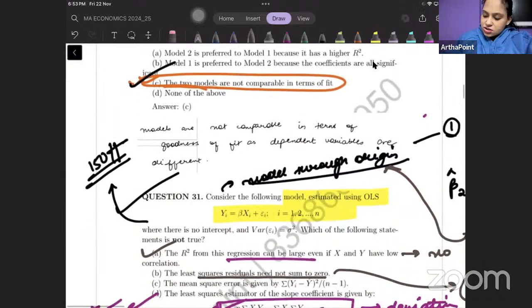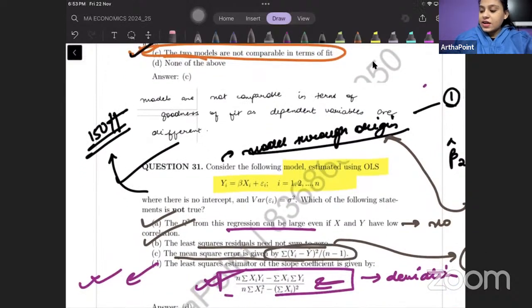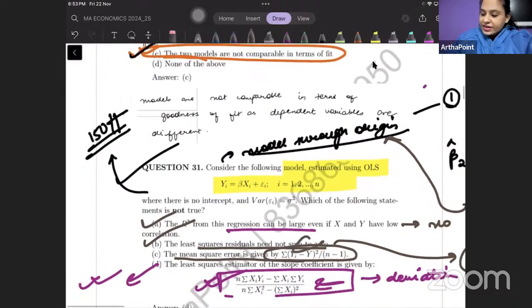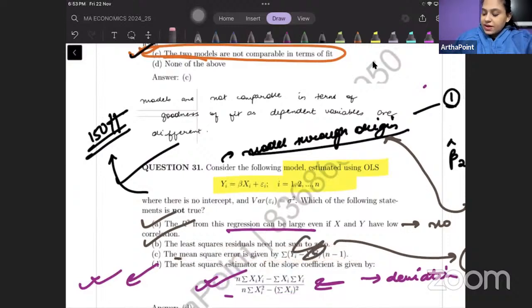The mean square error is given by summation yi minus y hat upon n minus 1. No. If it is mean square error, then deviation will be from mean, not from y hat. Deviation should be from mean.